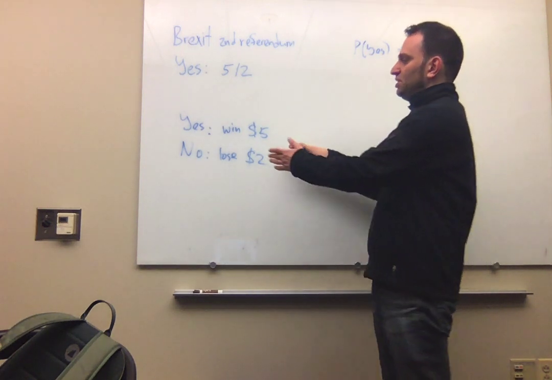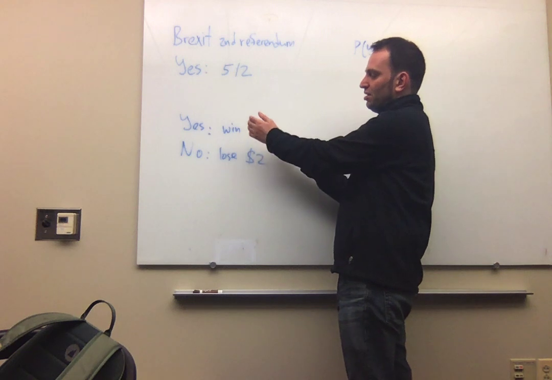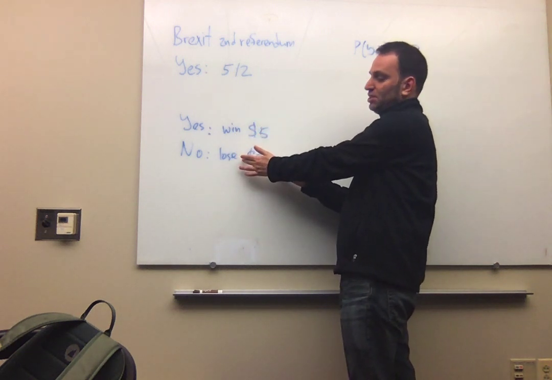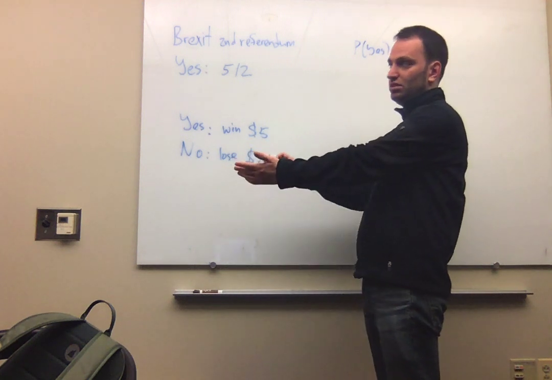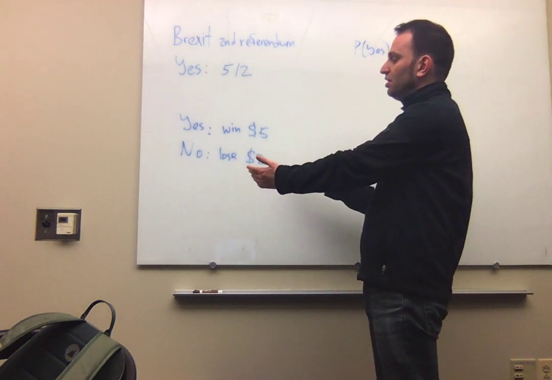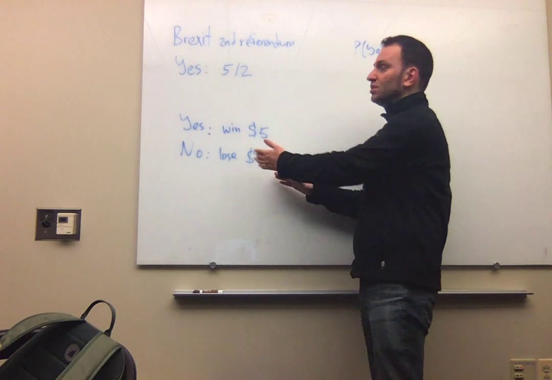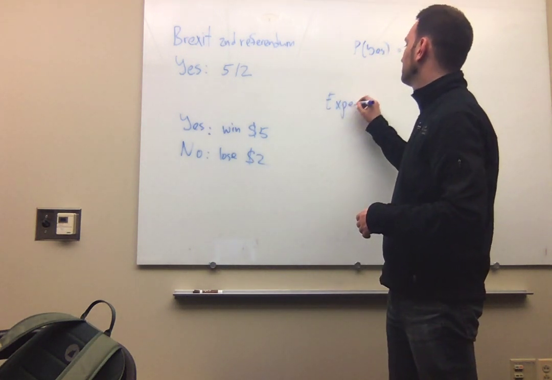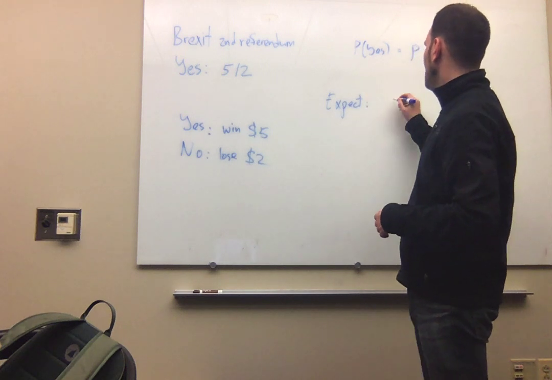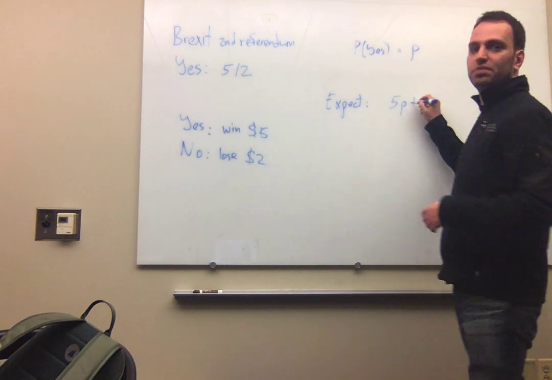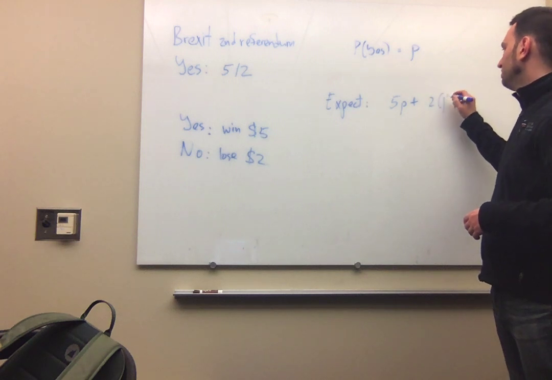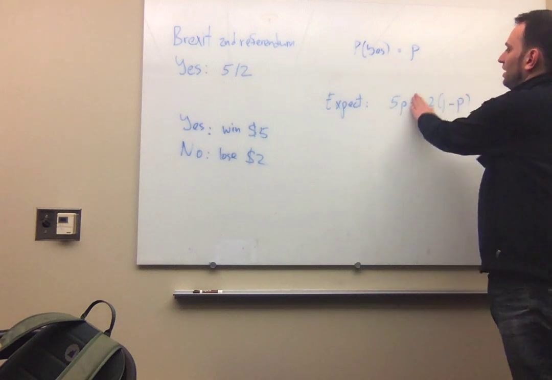So that means that in the long run, I expect to win P times $5, and I expect to lose 1 minus P, the probability of the referendum not happening, times 2. So what I expect is 5 times P minus 2 times 1 minus P. That's a minus rather, right?